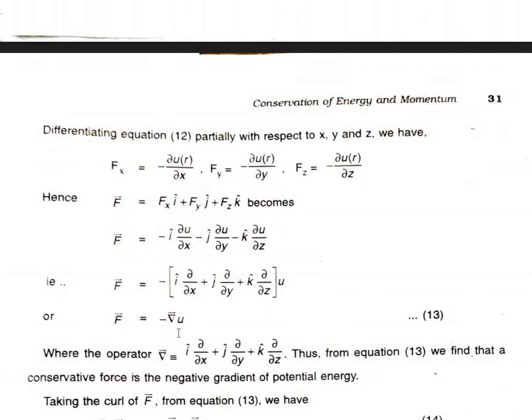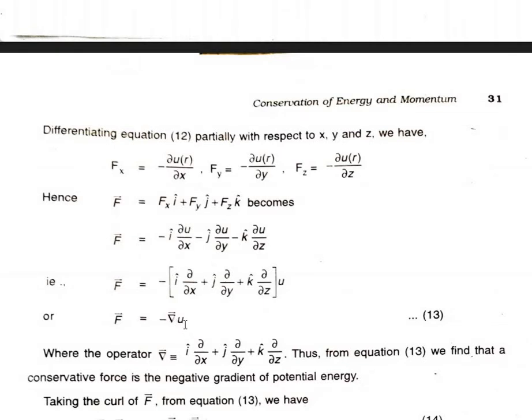Anything of this manner, del U or del F, is known as the gradient. Del A is the gradient of A, del B is the gradient of B. This operator is known as del when it acts upon a scalar quantity.